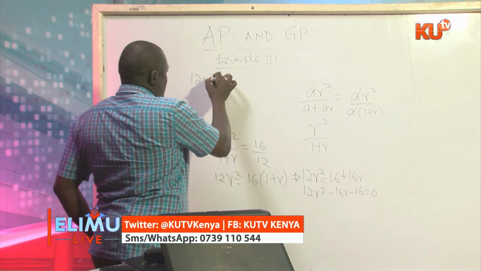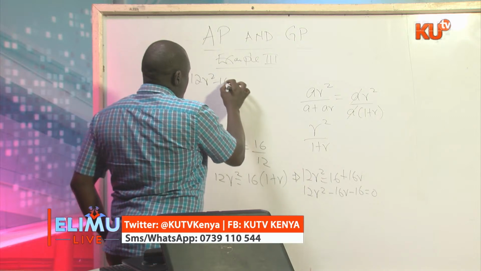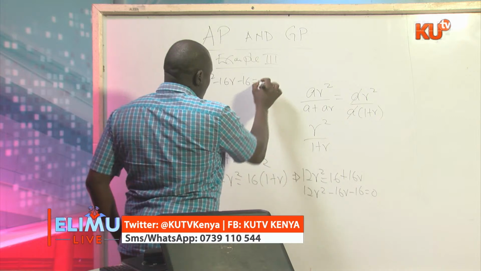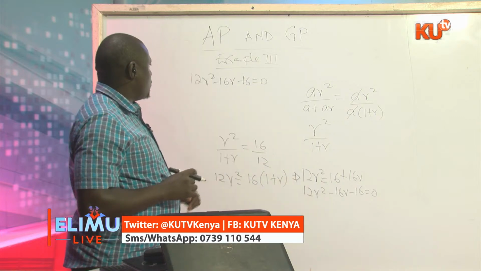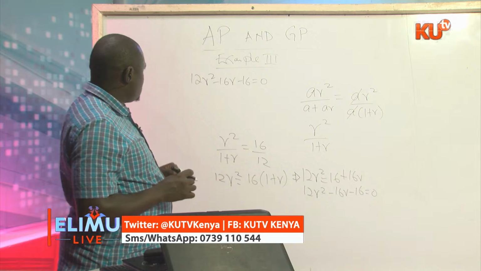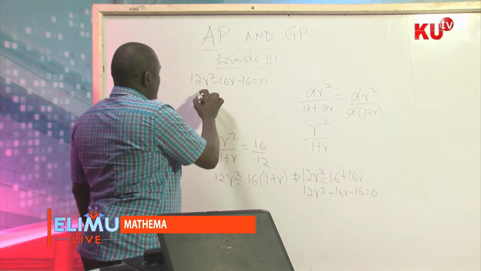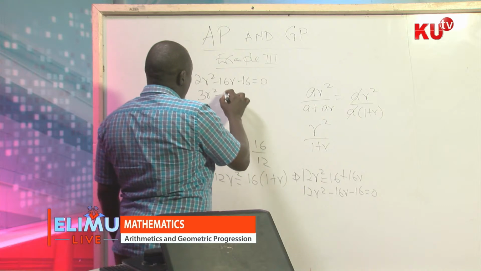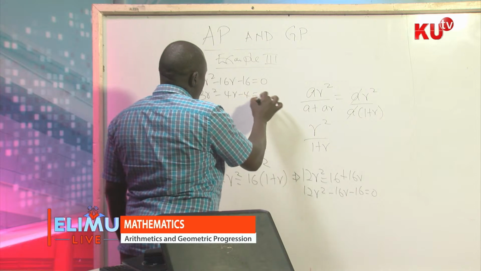We have 12r squared minus 16r minus 16 equals 0. We can simplify it by dividing by 4, since 4 is common. So we have 3r squared minus 4r minus 4 equals 0.